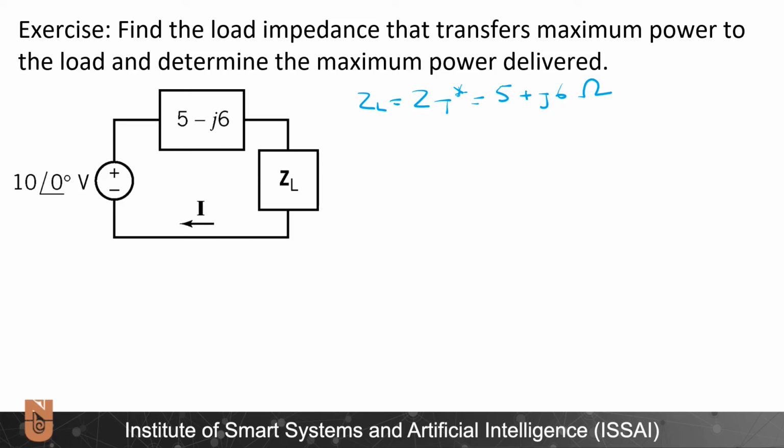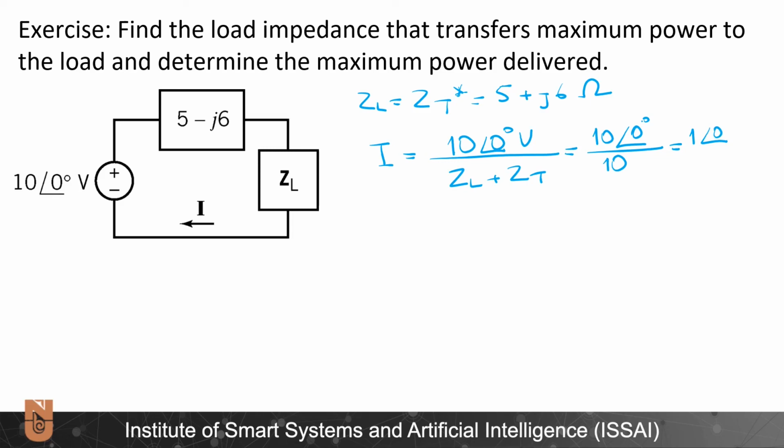Accordingly, I should calculate the current I, which is equal to 10 with an angle of 0 volts divided by ZL + ZT, which is 10 with an angle of 0 divided by 10 ohms, which is equal to 1 with an angle of 0 amperes.